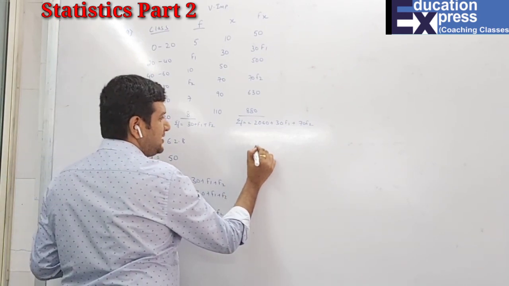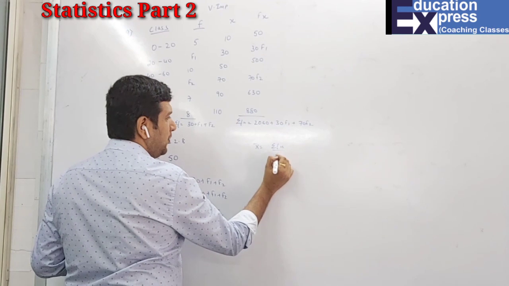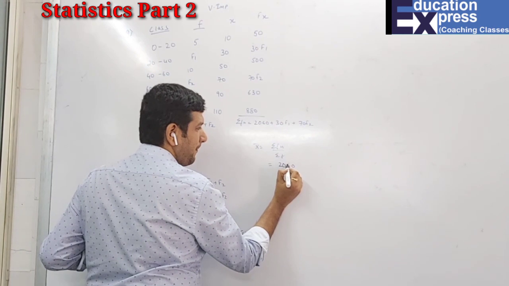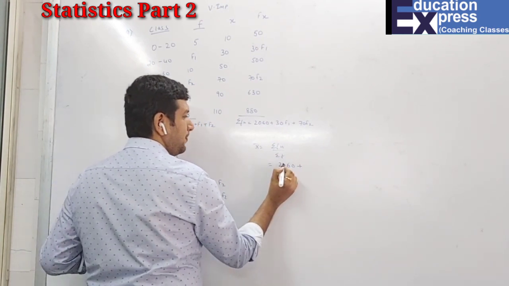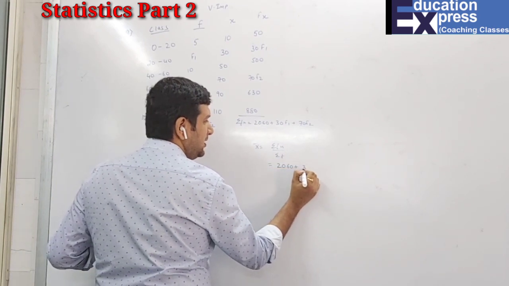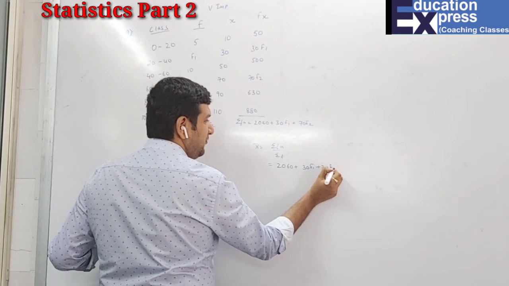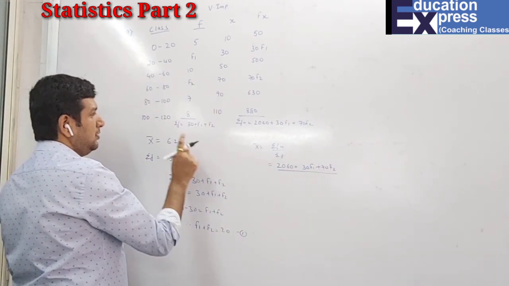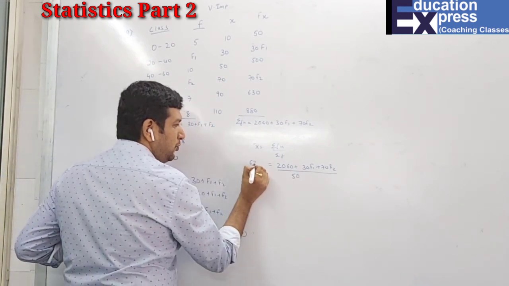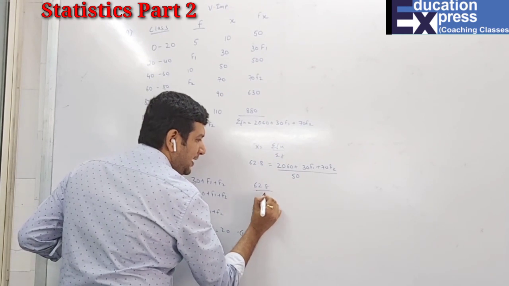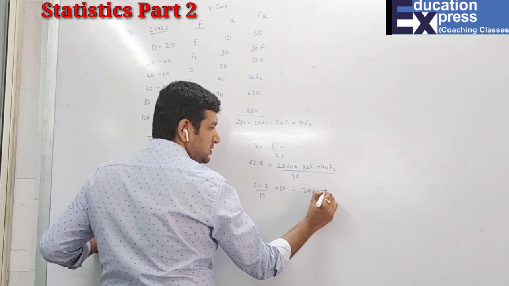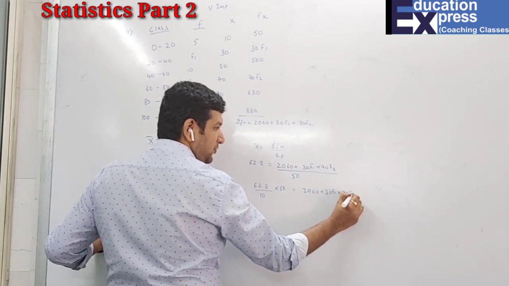Now the second equation: x bar is sigma fx upon sigma f. Sigma fx is 2060 plus 30 f1 plus 70 f2. Instead of sigma f, I will write the value which is available, 50, and this is 62.8. When I remove the decimal, I get 10 into 50 equals 2060 plus 30 f1 plus 70 f2.